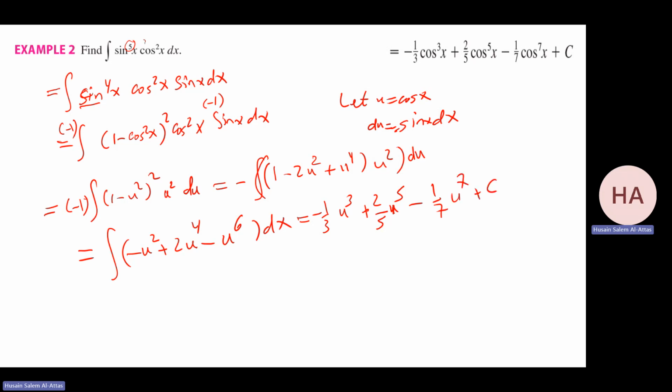Then I will retain u, which is cosine. That will be minus 1 over 3 cosine cubed x plus 2 over 5 cosine x to the power 5 minus 1 over 7 cosine x to the power 7 plus c.